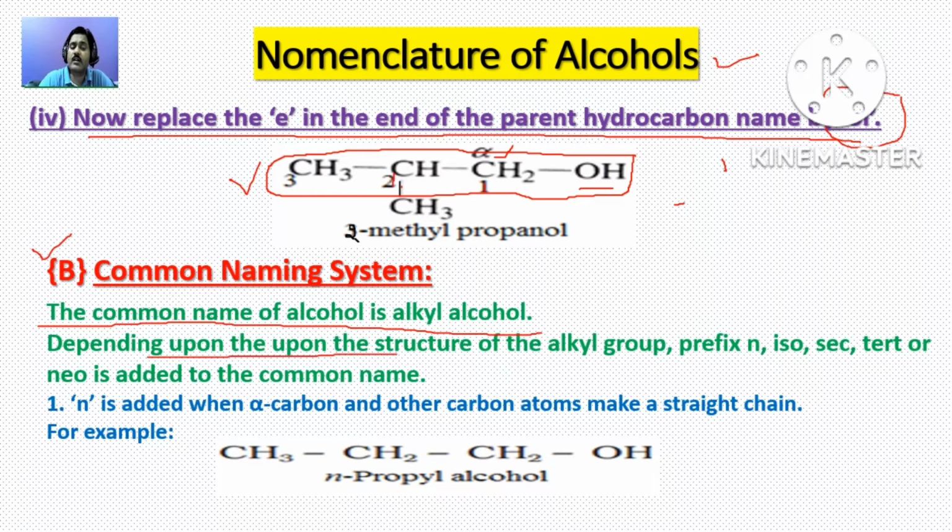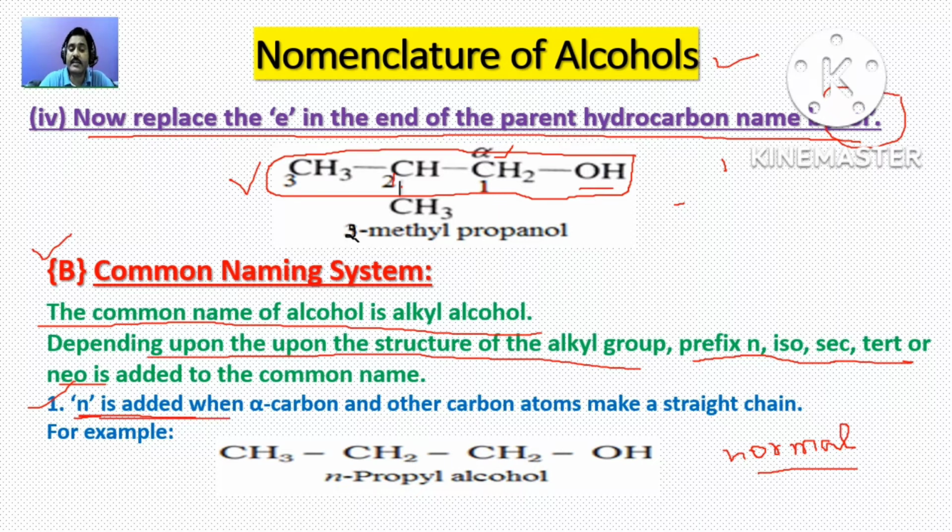Depending upon the structure of the alkyl group, we have to add the prefix n, iso, secondary, tertiary, or neo. Let's see. Number 1: n. N means normal. If a straight chain compound is there, it is called normal, and we have to use n as a prefix.